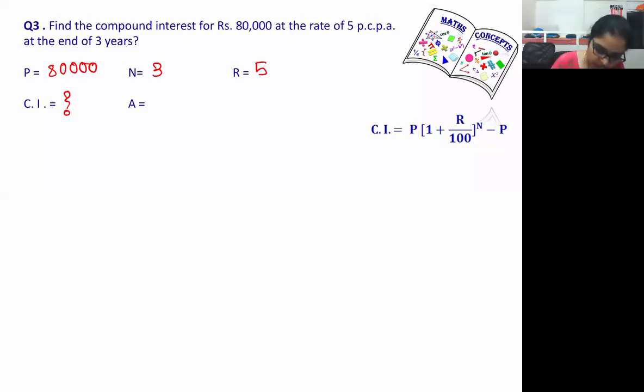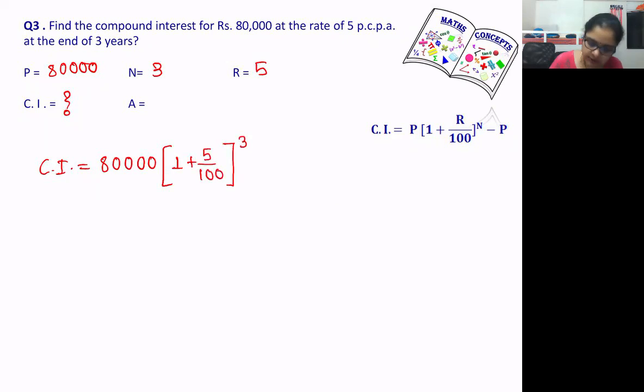I'll show you the working. Here, put all values in the formula. Compound interest equal to. So what answer did you get? My answer is 8,200. Okay, let's check it. Principal 80,000 multiplied by 1 plus rate 5 upon 100 raised to 3.